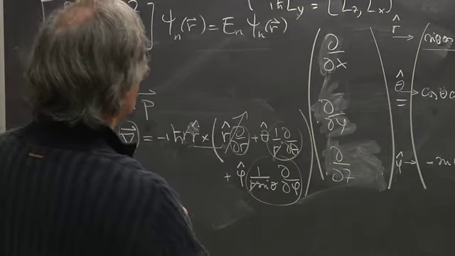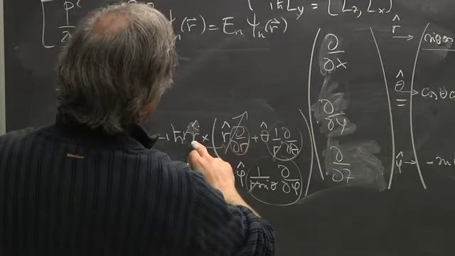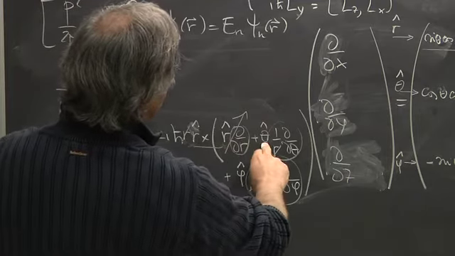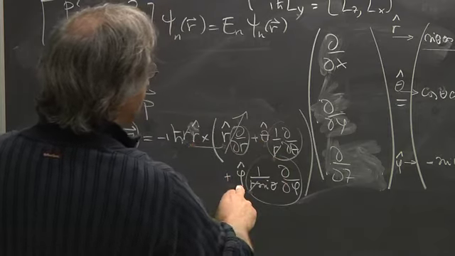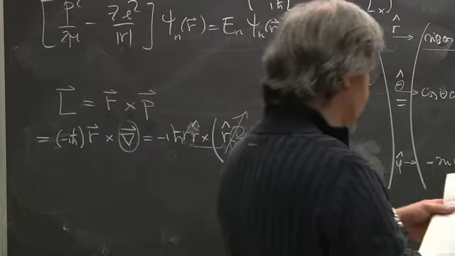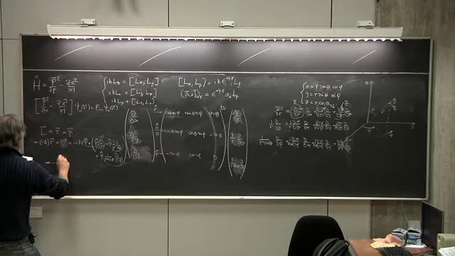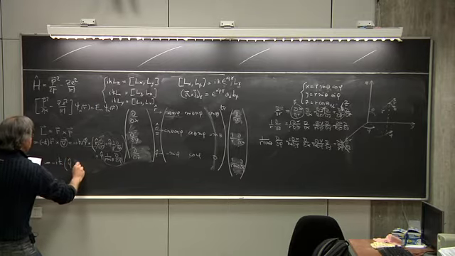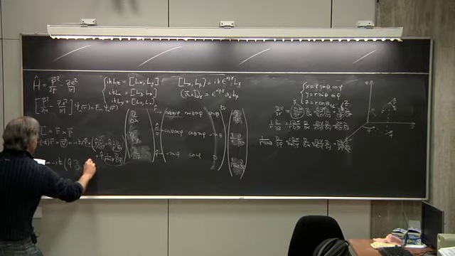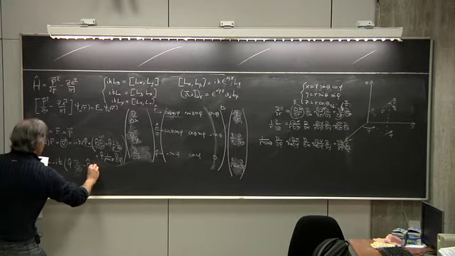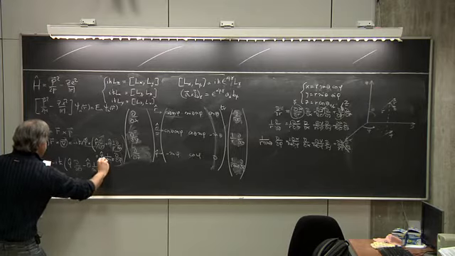And all in all, you can verify that R vector product theta and R vector product phi are just, well, you can calculate the two, are just the following thing. Minus I h bar phi times the derivative with respect to theta minus theta times 1 over sine theta, the derivative with respect to phi.